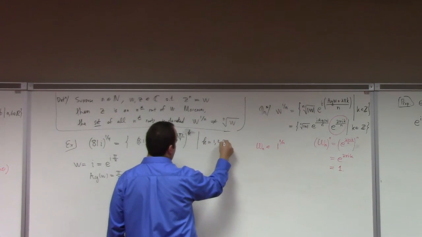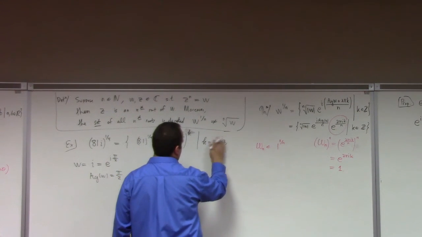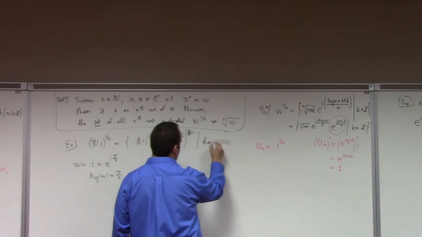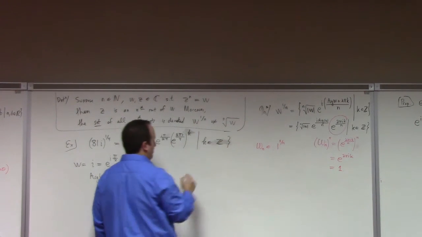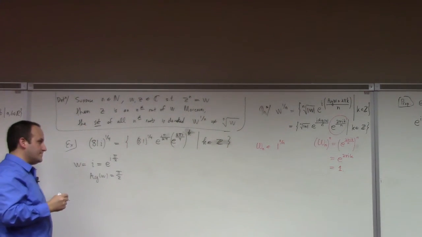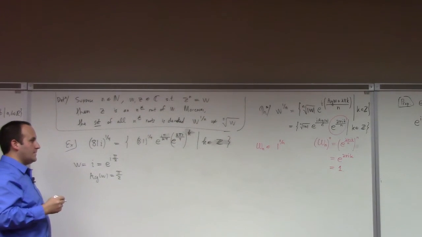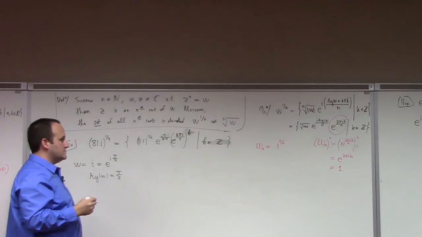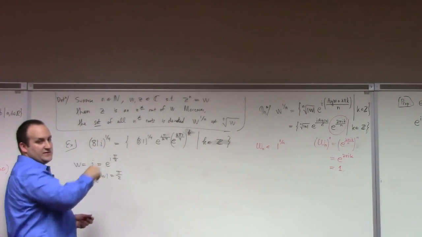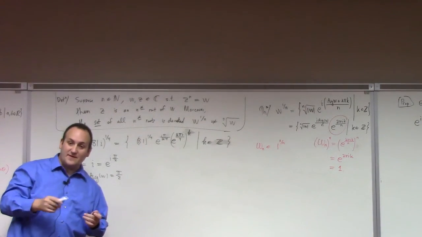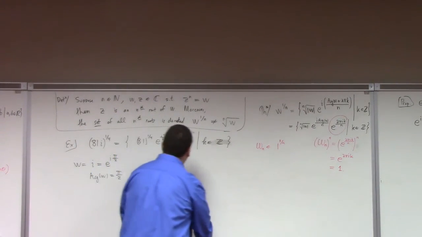Oh, sorry, k is an integer, right? It could take all values. I mean, that's what the math led us to start with. It does simplify, though. That's part of my point of this example.